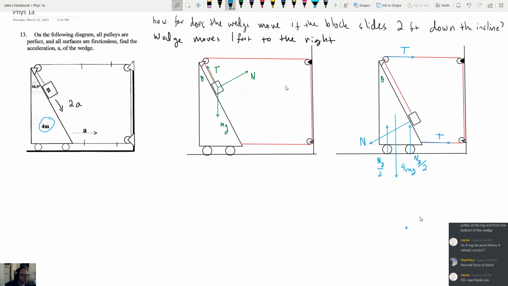Okay, anything else? There's actually one force that's missing now. This last force is probably not obvious. Any ideas?